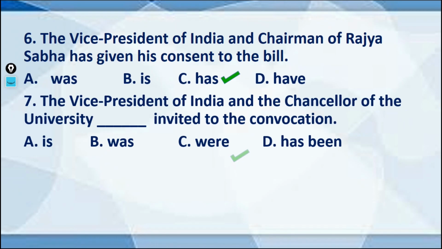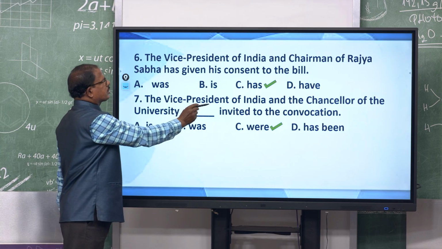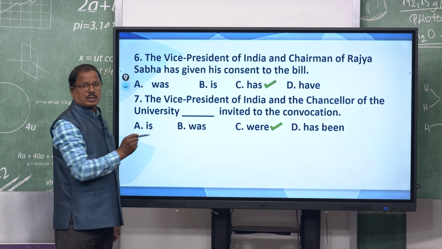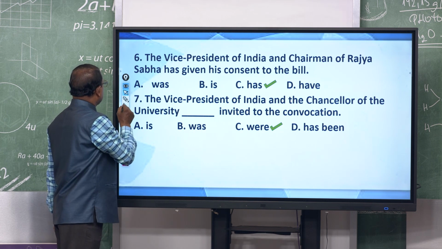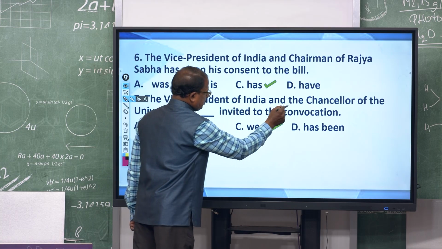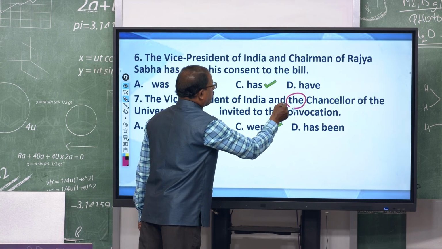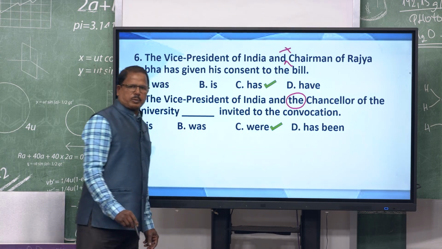Now you see the right answer is were. So you see, here the Vice President of India and the Chancellor. The only difference is, you just remember this, this is very important: you can get the article the here but you cannot get the article the here. This is the difference.